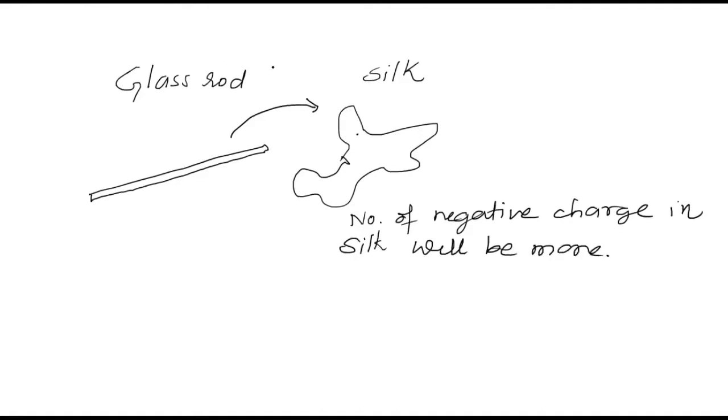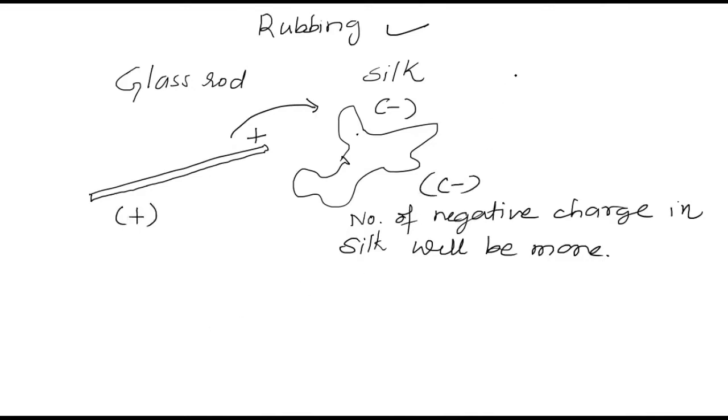This is because of rubbing, when we rub each other, and that makes the silk negative. When the silk has become negative, those negative charges have come from here, and so the glass rod becomes positive. Thus by rubbing we can make materials either positively or negatively charged.